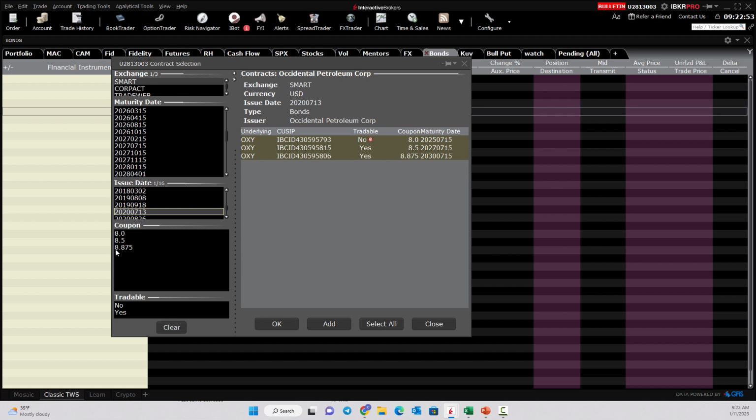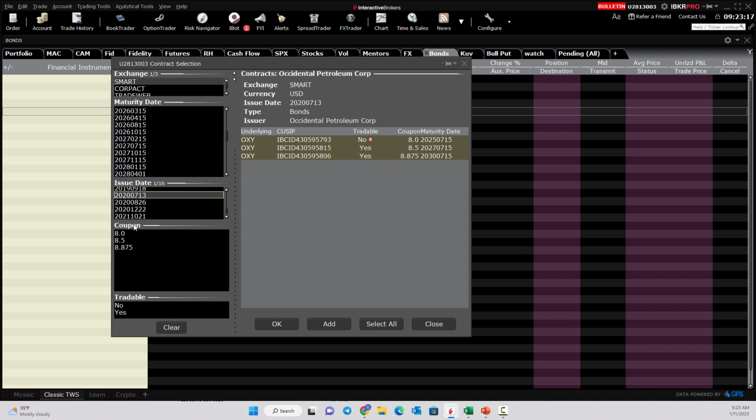The credit worthiness of Oxy between 2016 and 2020 changed dramatically. This company had just purchased Anadarko Petroleum. They had bought out all those shares. They had taken on their debt. They had done a lot of things. But notice in 2020, they had to pay 8%, almost 9% on their debt. That's when they were at junk status.